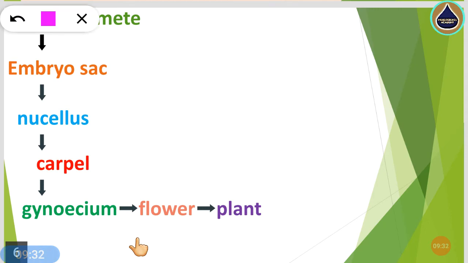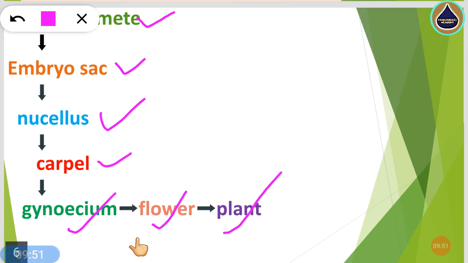So the female gamete, the egg, is found in the embryo sac, which is in the nucellus, which is part of the carpel, the single unit of the gynoecium, which is the female part of the flower, and the flower is part of the plant.